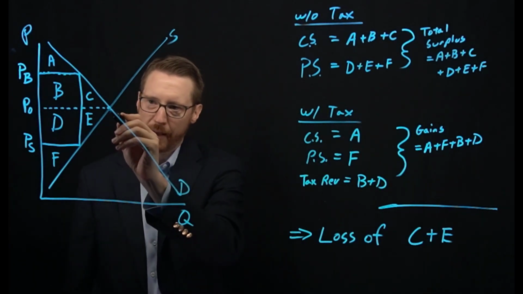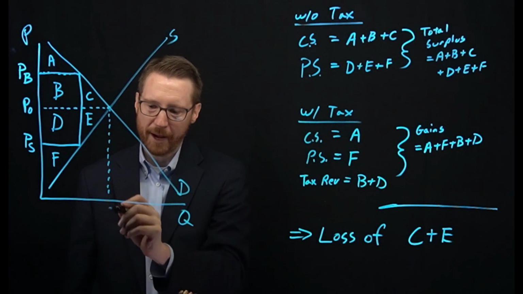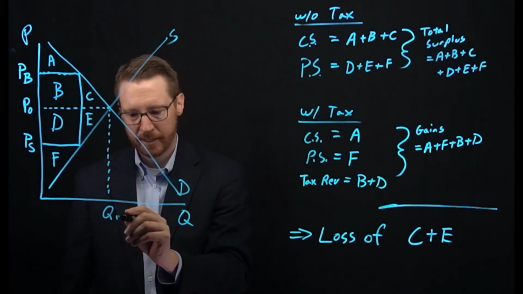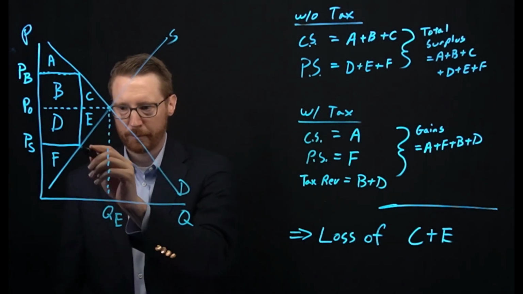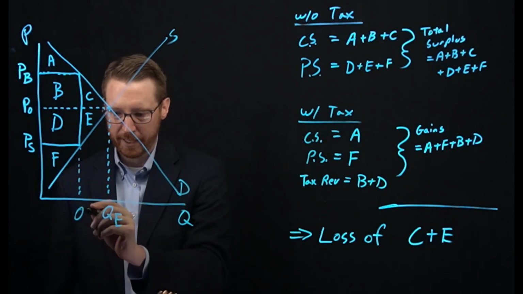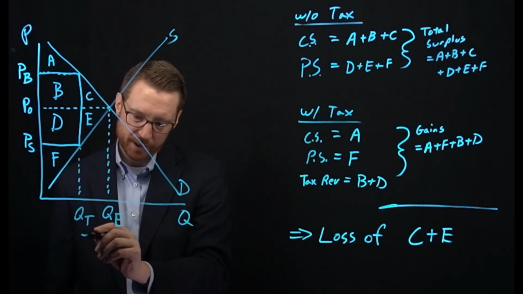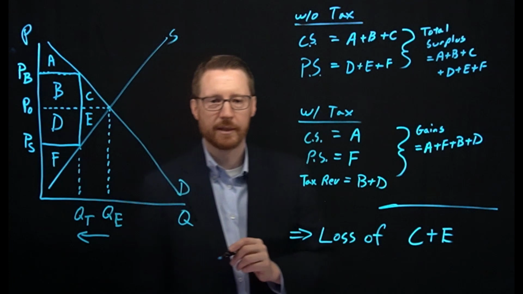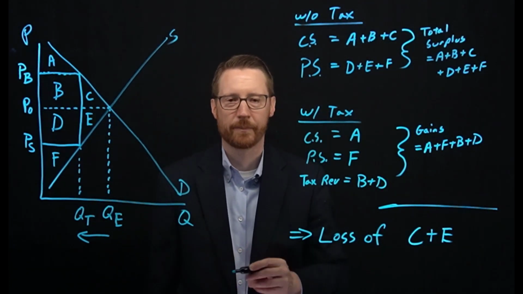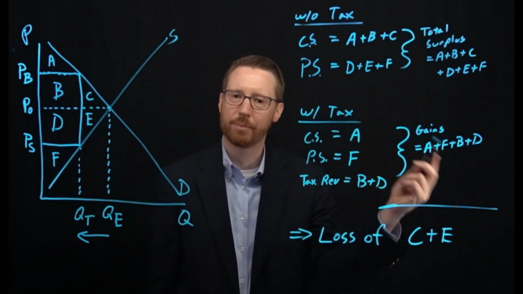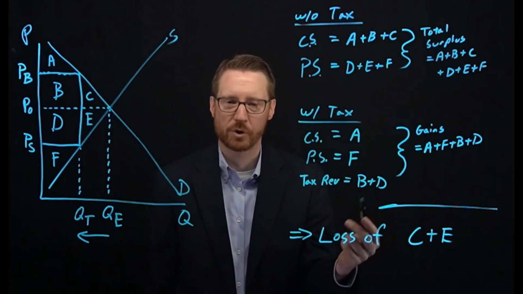So why did C and E disappear from our total surplus? Well, if we think about it, what happened to the amount of trade taking place? So our initial equilibrium and our quantity of trade with the tax put in place, there's less trade taking place. If there's less trade taking place, then there are less gains from trade.